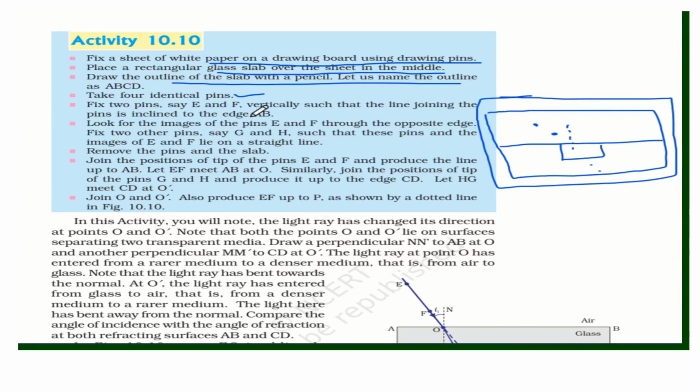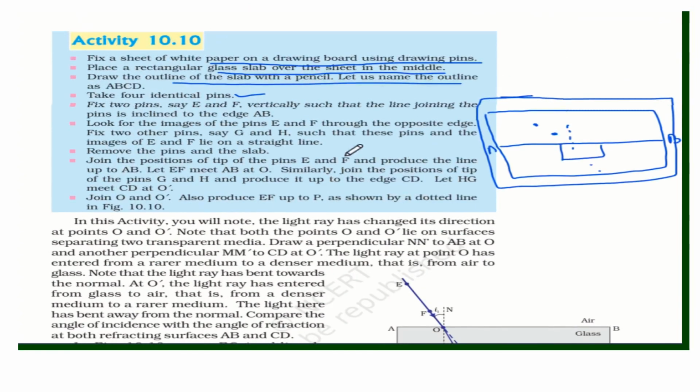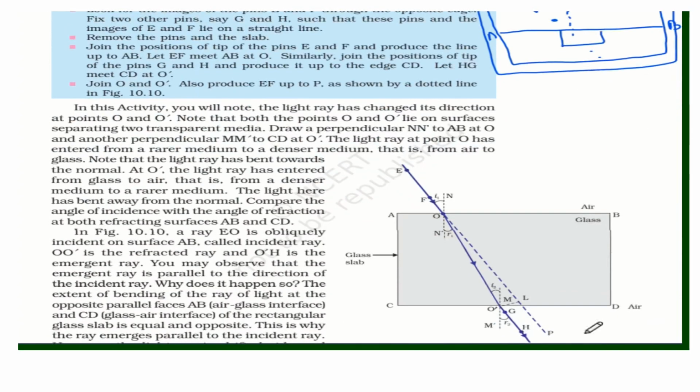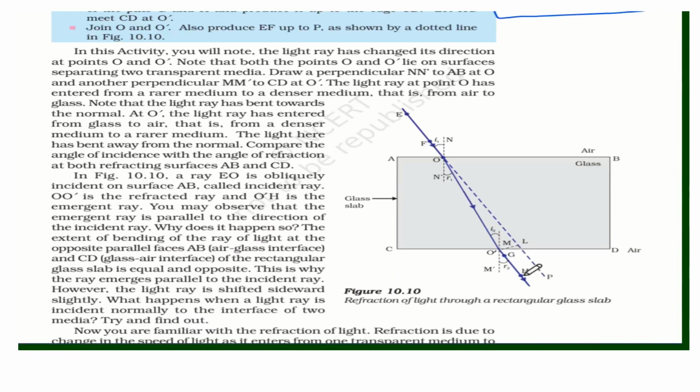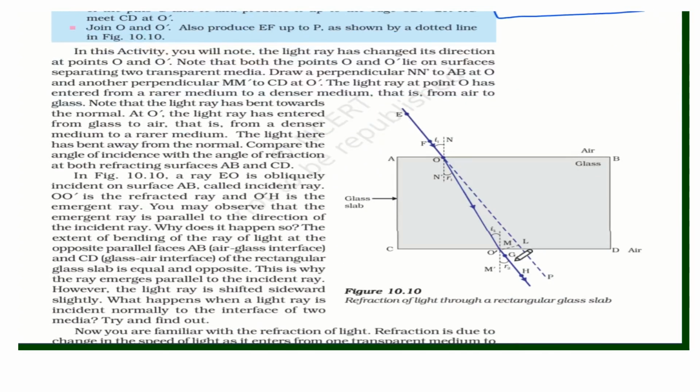If this is edge AB, then we will fix two pins at points E and F. Through the opposite side, fix two other pins, say G and H, such that these pins and the images of E and F lie on a straight line. So the two pins G and H and the images of the two pins seen from this side should be in a straight line.